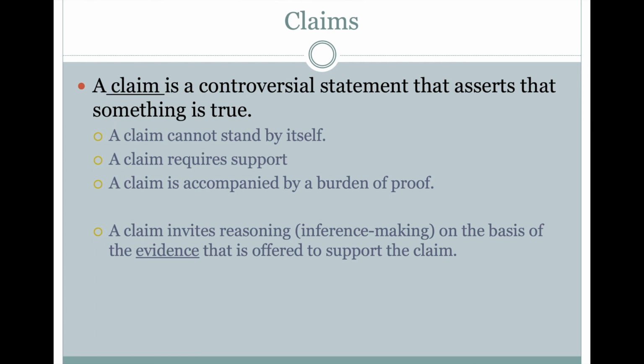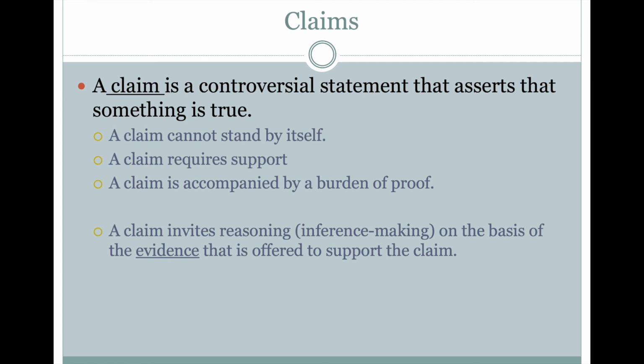Now, we've already talked about claims in a number of different ways, but just as a reminder, a claim is a controversial statement that asserts that something is true. We say it's controversial because a claim cannot stand by itself. It's not self-evident. A claim requires support.